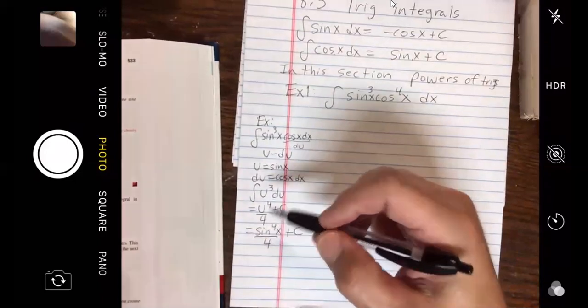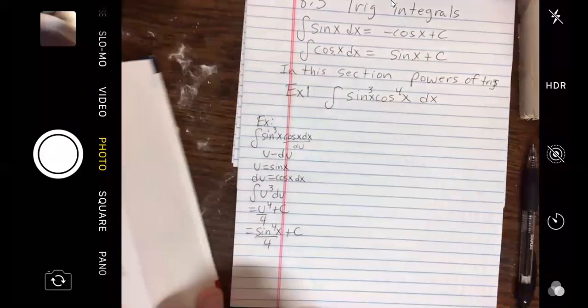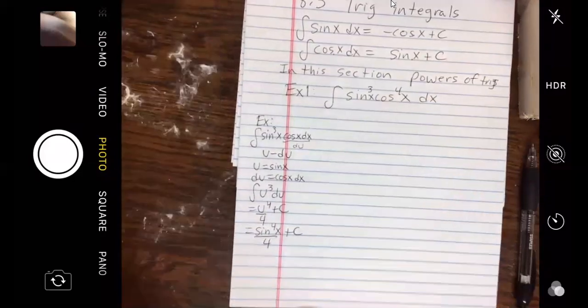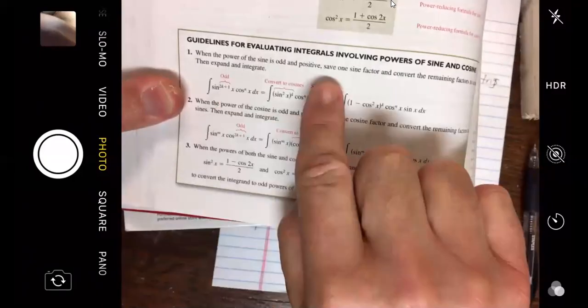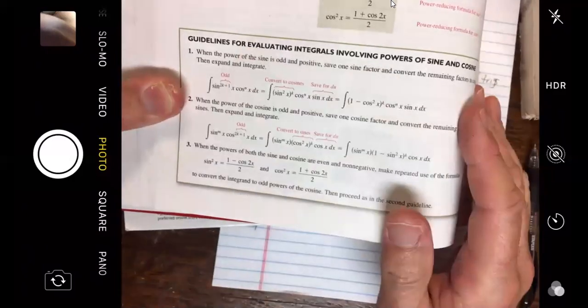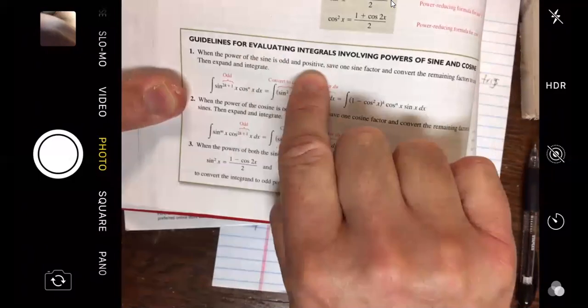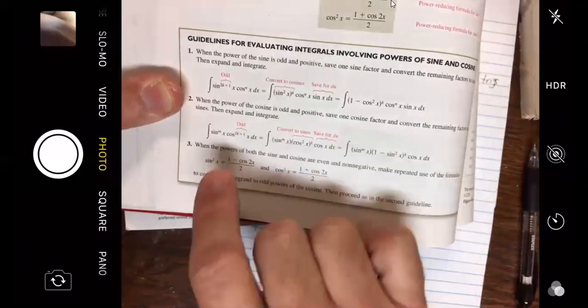All right, how does it work? I know you're dying to know. Look at this gibberish. You get 3 guidelines. It's about reading whether the powers of sine are odd and positive, whether a power of cosine is odd and positive, that's case 2.